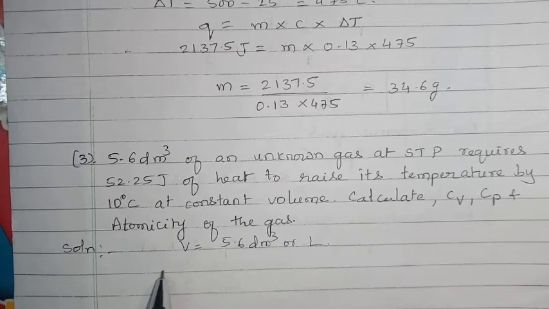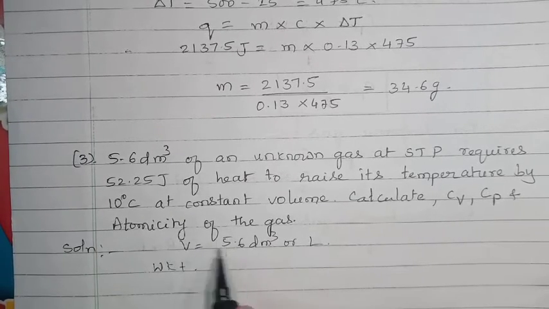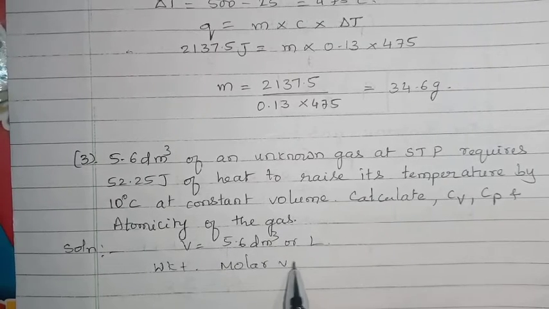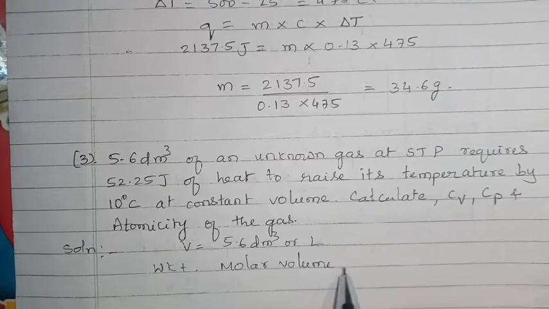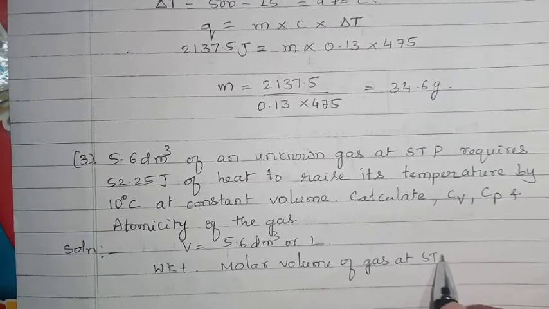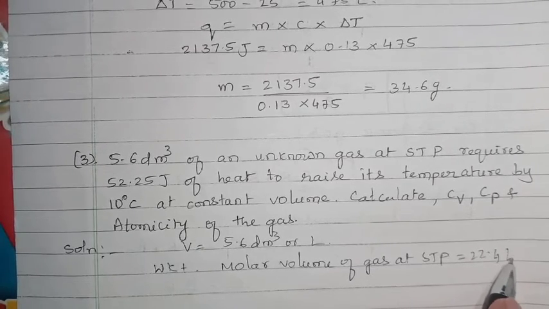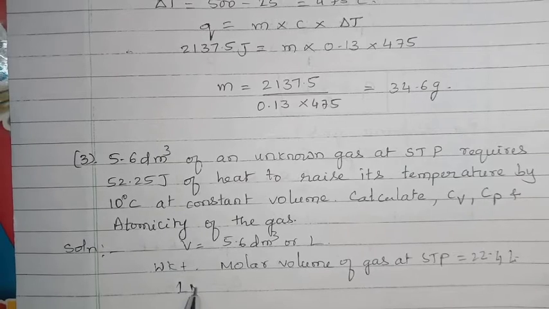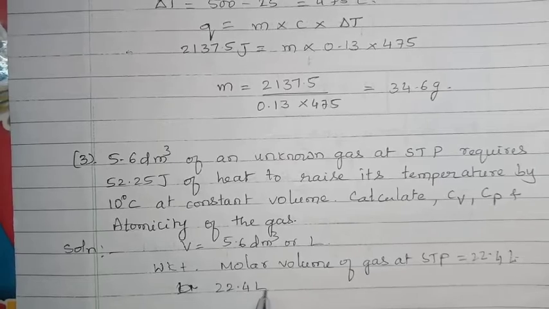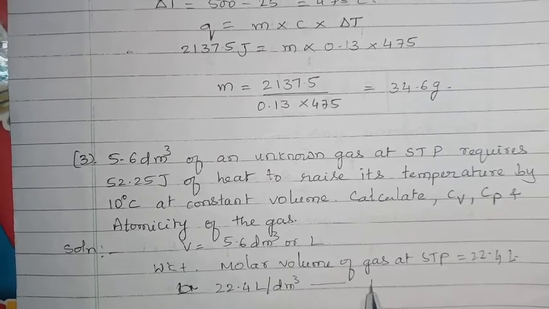So we know that the molar volume of gas at STP is 22.4 liter, or dm cube, which refers to 1 mole.